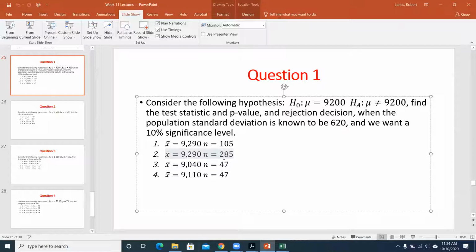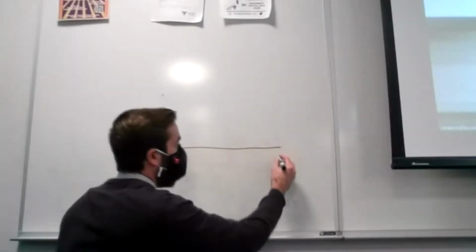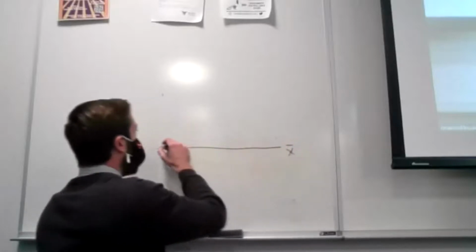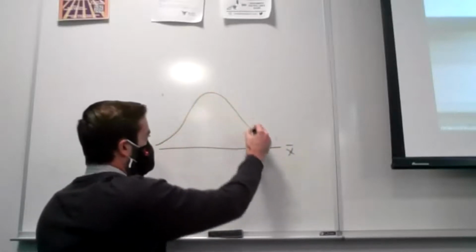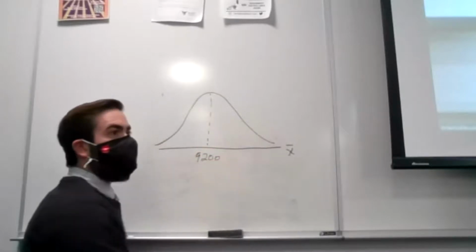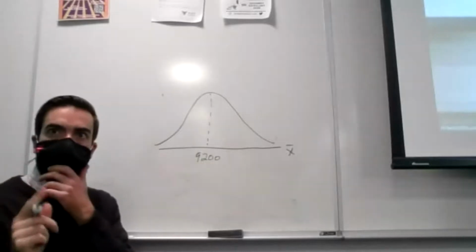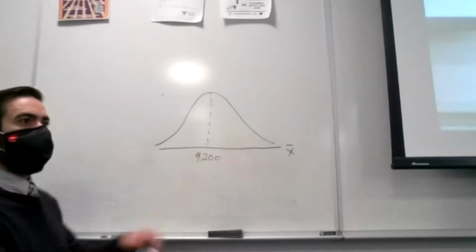So what is having a higher sample size going to do? Well, if we think about this, it's all the same values, but I think it's 285 now. My sample mean distribution, we centered around that value that we assumed it was, which was 9,200. If I take a higher sample, what happens to this distribution?